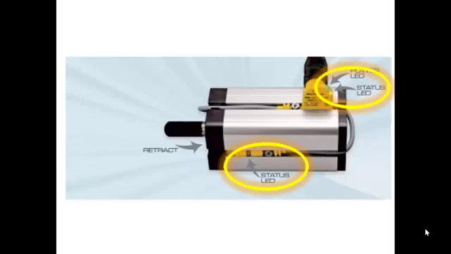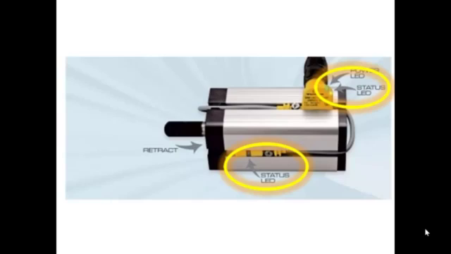Notice that the other sensor, its status LED, is not illuminated. And that's because the sensor that's not illuminated is the cylinder extended sensor. Right now the cylinder is retracted, so the status LED at the back of the cylinder is now true.